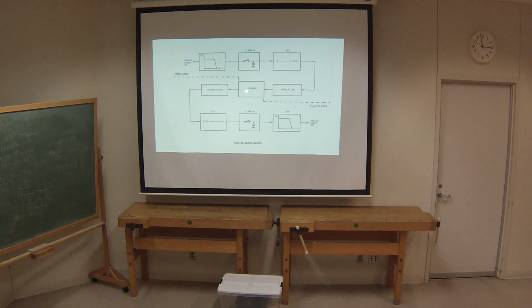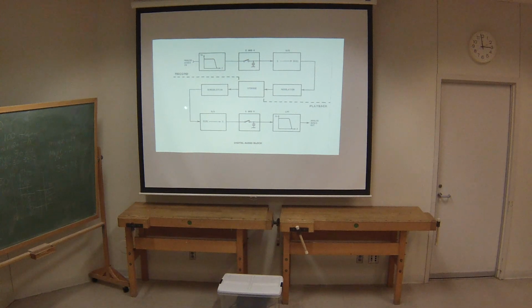When you play back your disc, you have to demodulate the signal, and in a compact disc player, that's called an EFM demodulator, where we actually take a 14-bit word and convert it back into an 8-bit word.